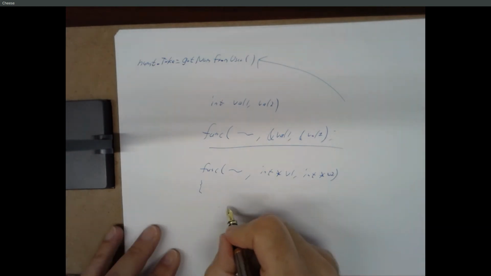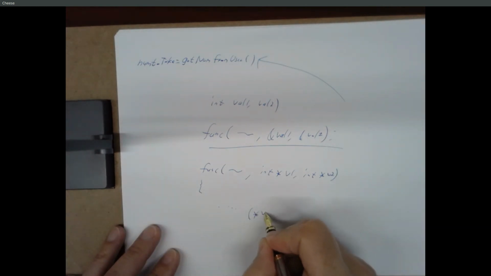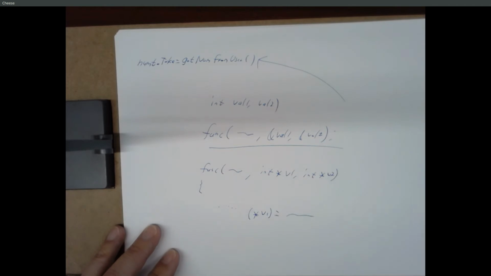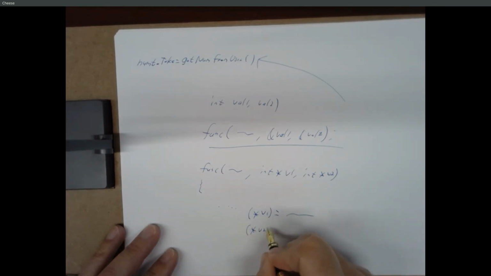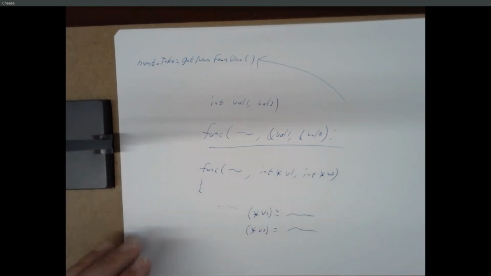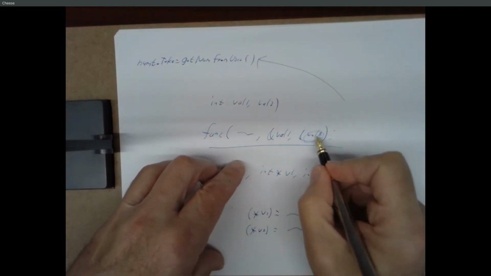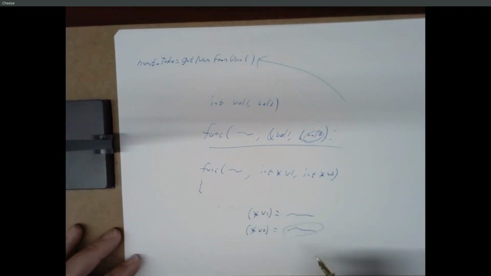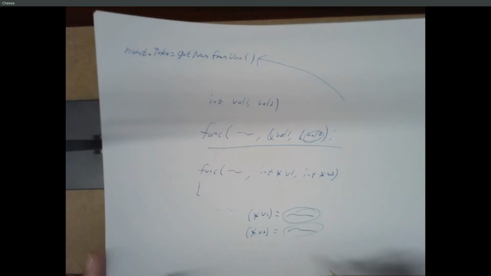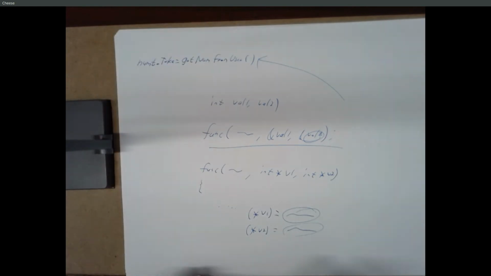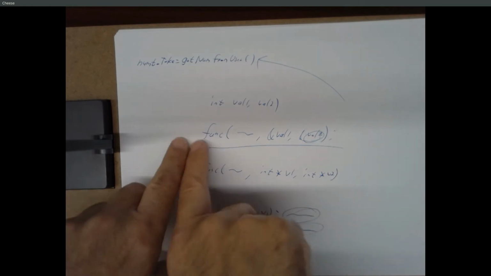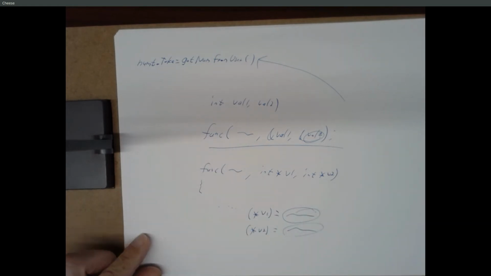And then if you want to give it a value, you can do something like star v1 equals, or star v2 equals. And when you get back to your function, val2 will be equal to whatever that was, and val1 will be equal to whatever that was. So that's one way to pass back multiple values. You always get one for free, which is the function value itself. But you can do value passing through the arguments themselves.